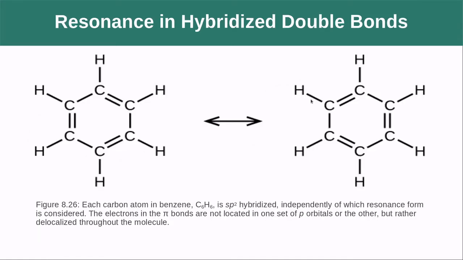If we think of the case of benzene, each one of these carbons is just as happy to form that side-to-side interaction with either one of the carbons next to it. It would just as much prefer to be here as it would prefer to be here, and in fact, it's going to go back and forth, forming those side-to-side interactions with its neighbor really fast, back and forth, to make a resonance hybrid.